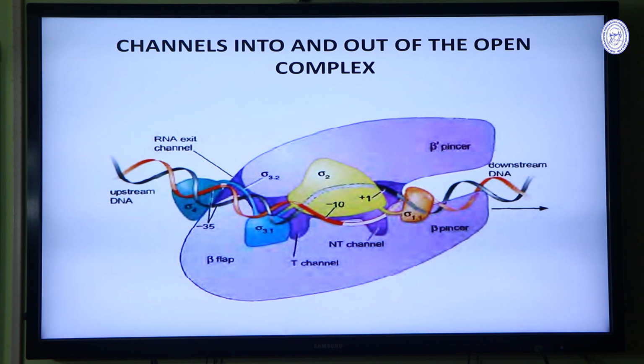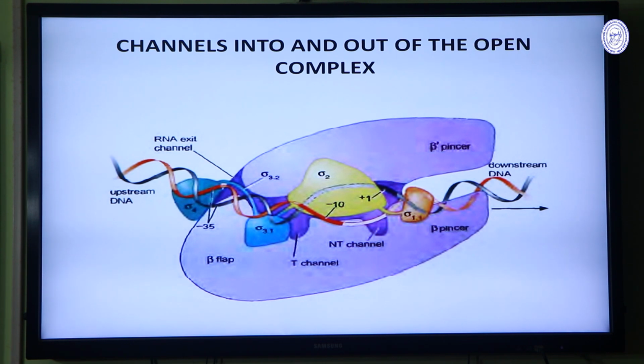So, from the left hand side you can see the template DNA, where one strand is the template strand and another is the non-template strand, and in the purple color you can see the RNA exit channel, from which the newly synthesized RNA exits. There is the beta flap, and you can see the different subregions of sigma 3.1, 3.2. Then in the yellow box it is designated sigma 2 region, where sigma 2.4 binds to the -10 sequence, and you can also see at the downstream region the sigma 1 region.